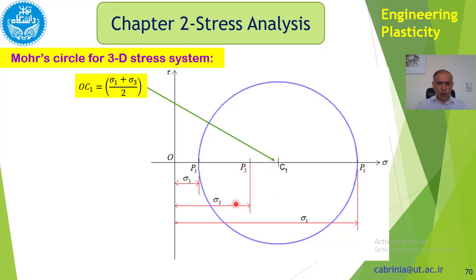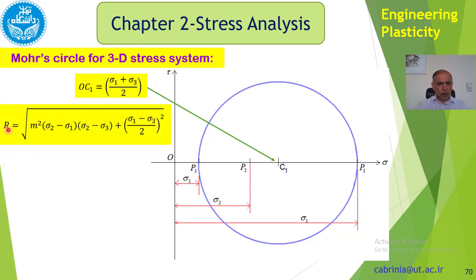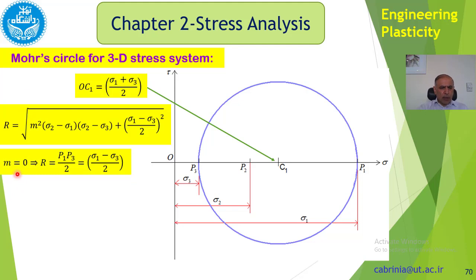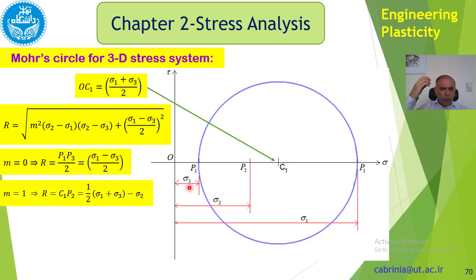So sigma 1 minus sigma 3 divided by 2 plus sigma 3 gives you this. And also the radius from the previous page was that, depending on m equal to 0 or equal to 1. So in here, if we put m equal to 0, we get the radius P1P3 divided by 2, which is this circle. And if we put m equal to 1, we get C1P2, which is a smaller circle.